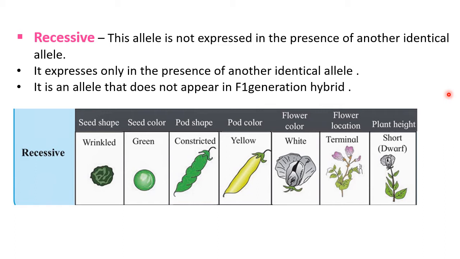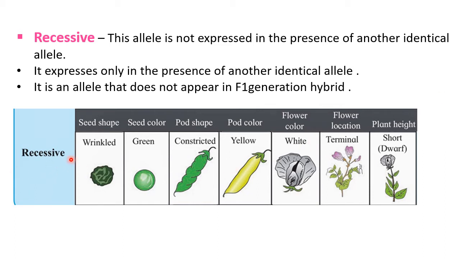But in the F1 generation we see only tall plants; there is no development of any dwarf plant. So the dwarf character is suppressed or does not appear in the F1 generation. Hence, it is called a recessive trait.